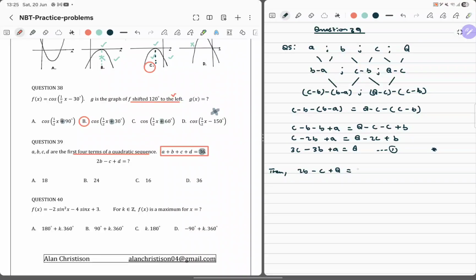This is going to be equal to 2B minus C plus, instead of D, we're going to put here 3C minus 3B plus A. 2B minus C plus 3C minus 3B.